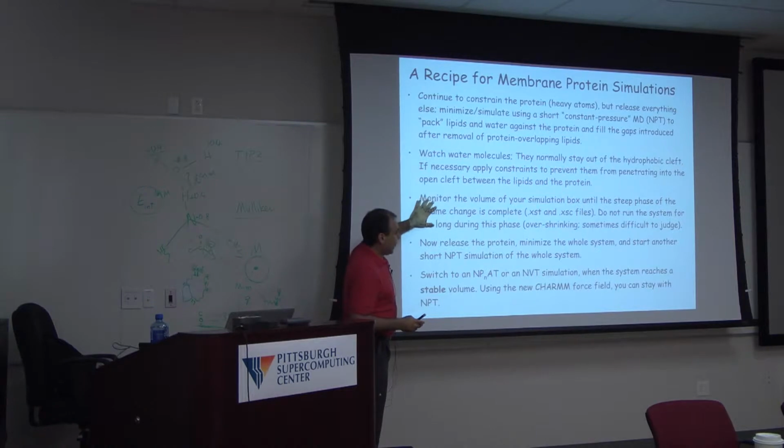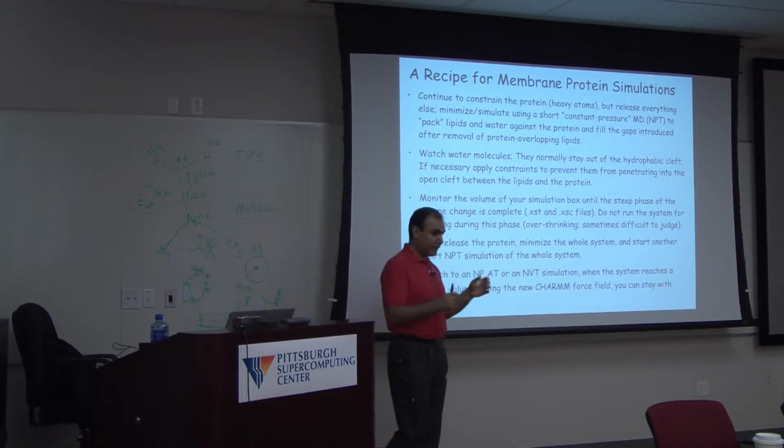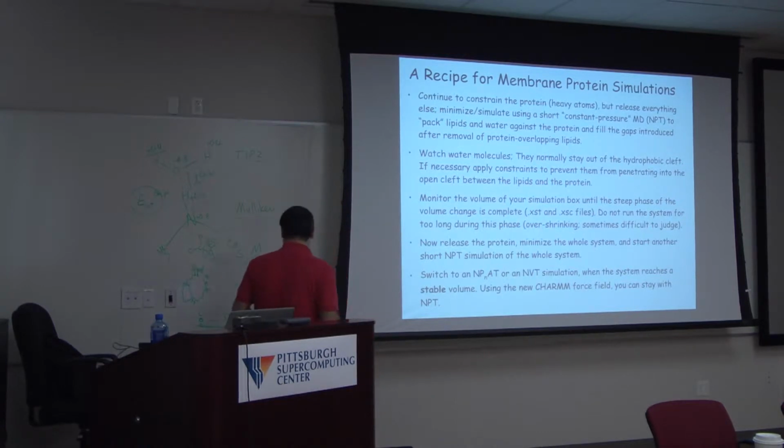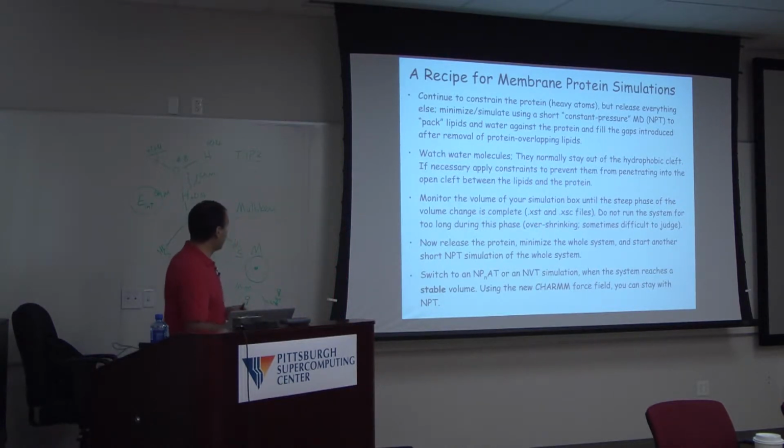So we don't want to have over-shrinking, so this might be difficult to judge because here we will have some shrinking. We want to fill the gaps, but we don't want too much shrinking because at some point you might start ordering your lipids too much. That's a little bit difficult, but you can actually monitor the size of the system.